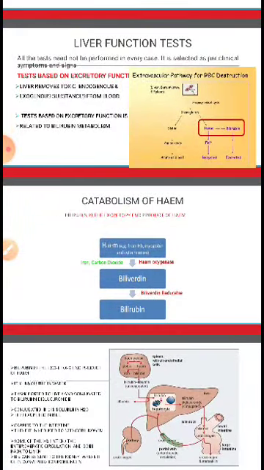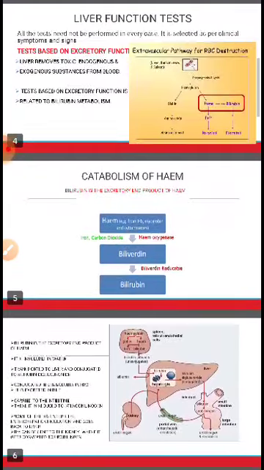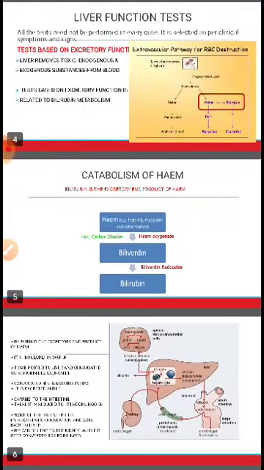Now all the tests need not be performed in every case and are selected as per the clinical symptoms and signs. Now first let us look at the first type of test that we can do, that is the test based on excretory function.